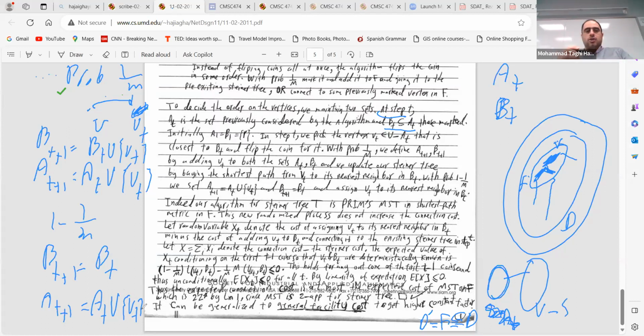The first vertex V is essentially in both B and A. What about the next step? I will always find the closest vertex to B_T.